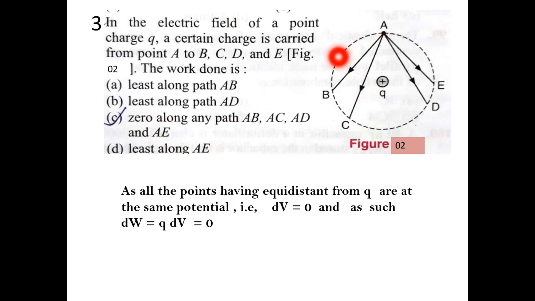That is why potential at A equals the potential at B, potential at C, potential at D and potential at E. So work done dW equal to q dV equal to 0 because potential at all the points is the same.